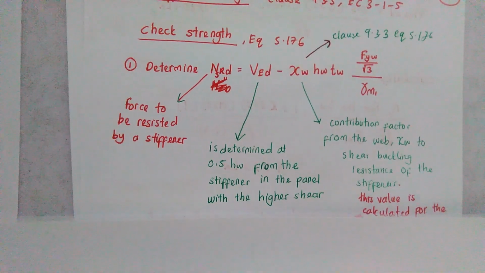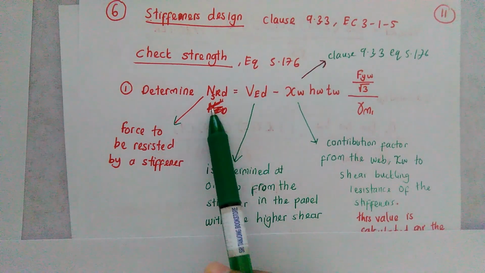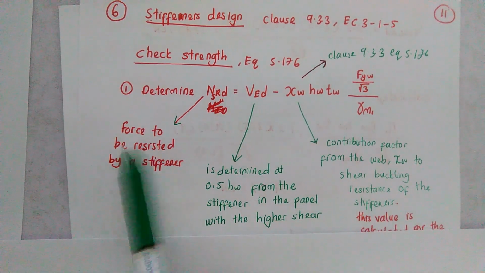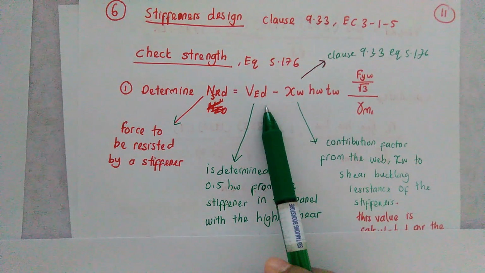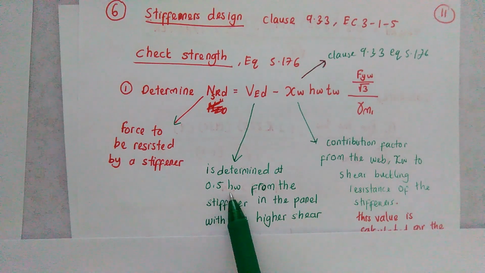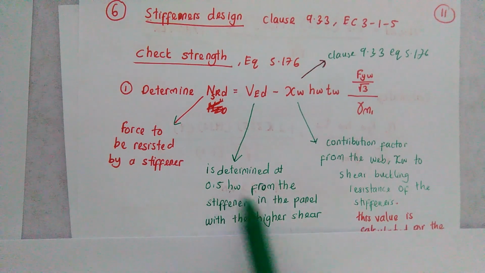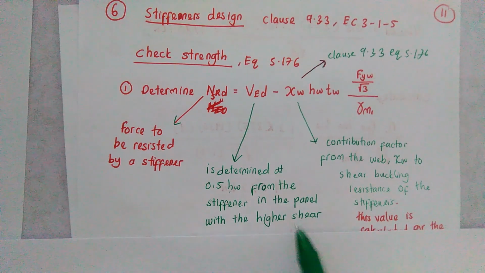In these equations, NSd is the force to be resisted by a stiffener, whereby VEd is determined at 0.5 hw from the stiffener in the panel with the higher shear.